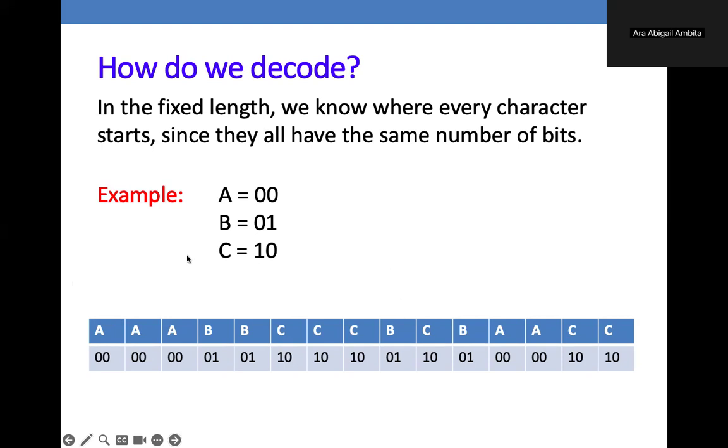So how do we convert it back into characters A, B, C? So with fixed length, it's easy. We just have to put a division after every length of 2. Right? So for example, we put a division here. So 0, 0 maps into A, 0, 0 maps into A as well, 0, 1 maps into B, and 1, 0 maps into C.